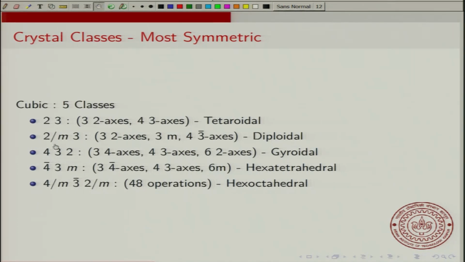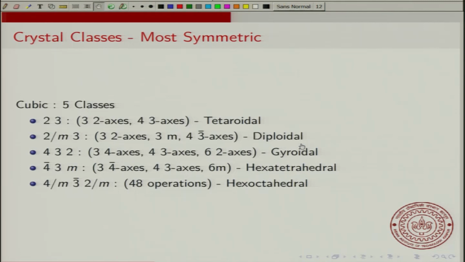It turns out that only this 2-fold axis with a perpendicular mirror and a 3-fold axis is sufficient. Because of this 3-fold axis and this mirror, you will generate a total of 3 mirrors, and actually there are 3 2-fold axes that are generated again because of this 3 axis. In this case, it is a 3 bar axis as opposed to a 3 axis.